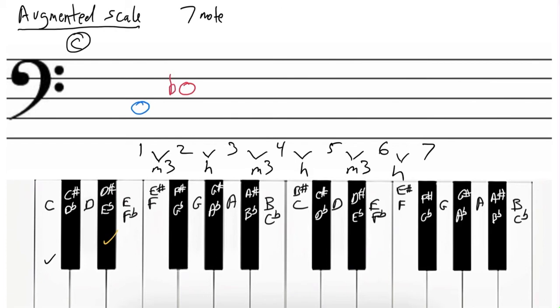The third note is a half step higher than E flat, which is, we'll call it for our purposes, E natural. The fourth note is a minor third higher than E natural, which is G natural.